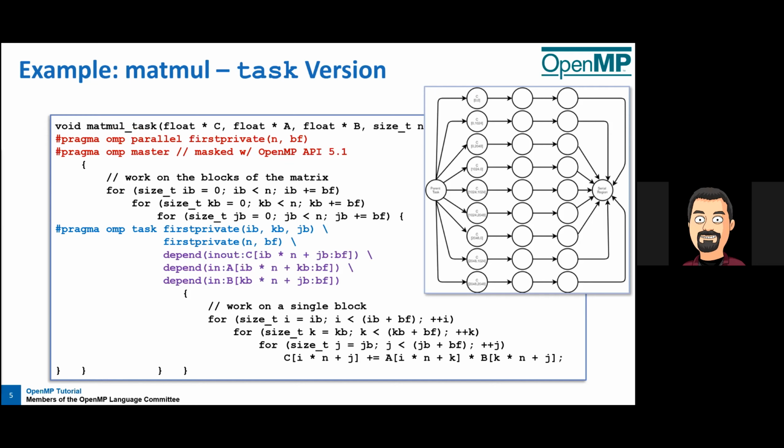So what you would then have to do is you would have matmul task, right? You would figure out if you are in a parallel region, and you would just call the matmul task implementation. You would have to split this loop part into a separate function. That function would only check, am I in a parallel region?